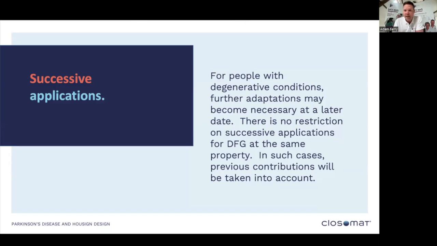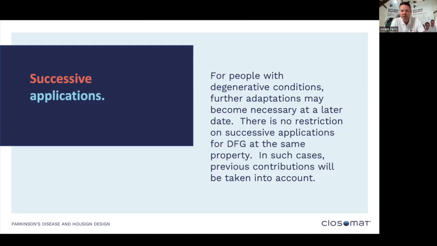If they don't apply because they know they're going to pay for it themselves, then it won't be. But if you get that nil award and it says the person's going to be responsible for £10,000 worth of adaptations and they spend 6 on this, in future applications, that 6 will come off what they're expected to pay. So it's worth it being done, even if you know the award's going to be nil.